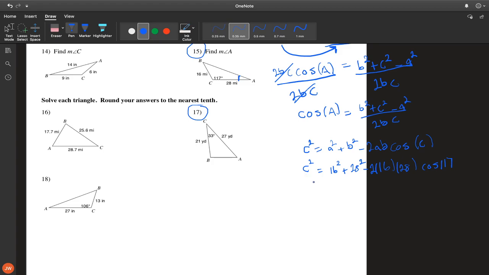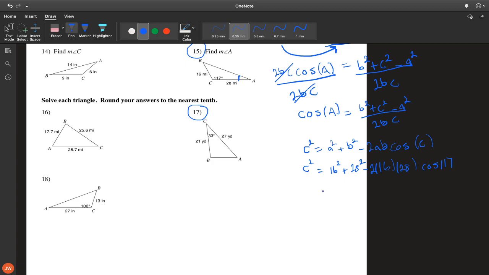Now we just need to plug this into our calculator and figure out what this is. 16 squared plus 28 squared minus 2 times 16 times 28 times cosine of 117.